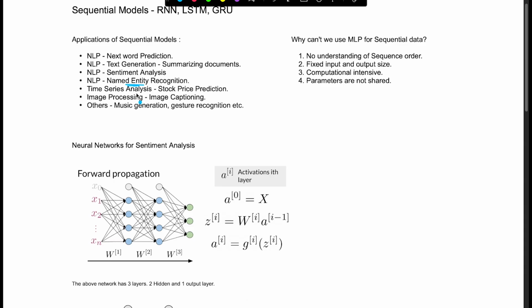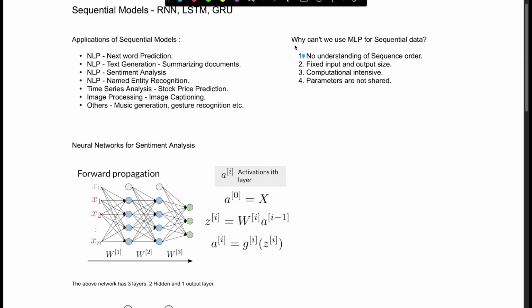Again, time series analysis, like I have mentioned, stock price prediction, because the historical stock price for a particular company is always sequential in nature. Models like LSTM are generally proven to be more effective and appropriate for such use cases. Image captioning in image processing is again one of them. And music generation and gesture recognition are again different applications.